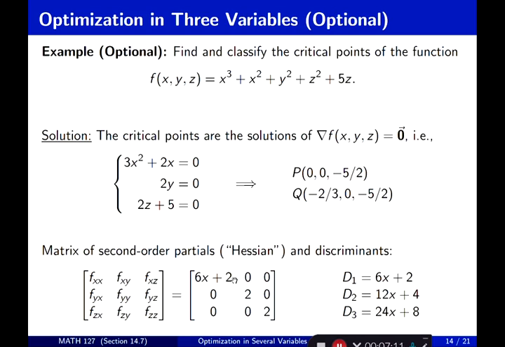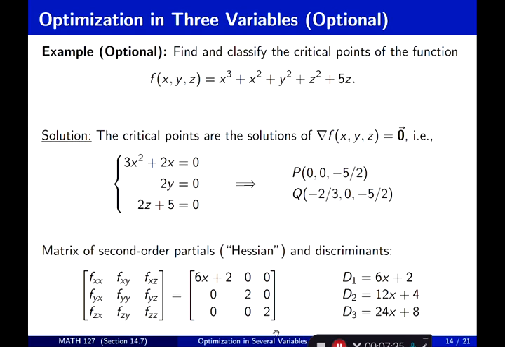D2 is the two-dimensional matrix on the upper left corner, and D3 is the determinant of the entire three-dimensional matrix.